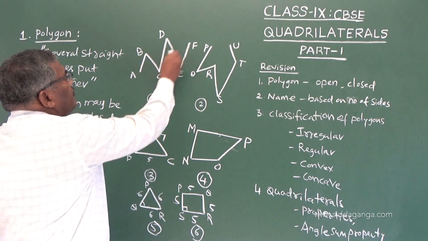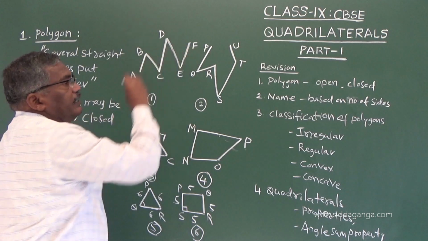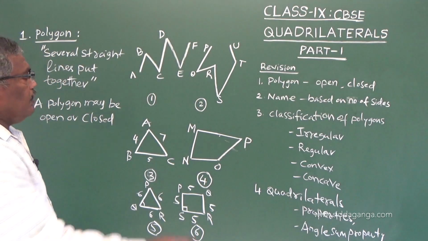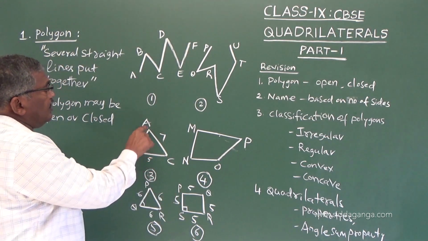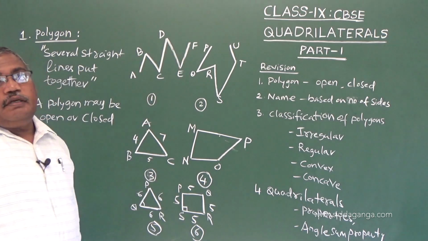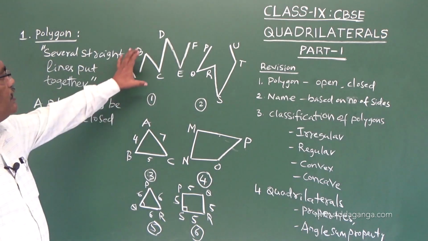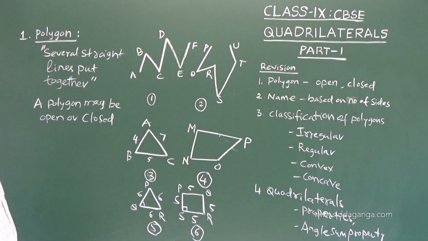See, when the line segments' beginning and end do not meet each other, we call it an open polygon.